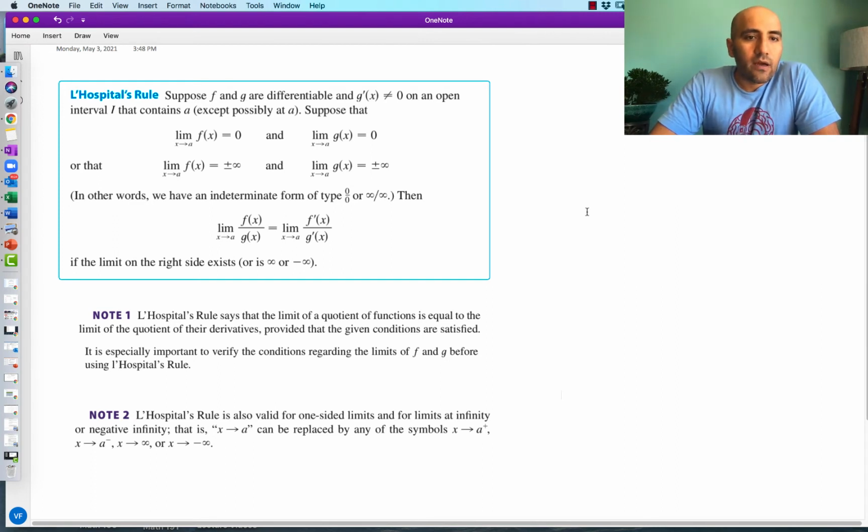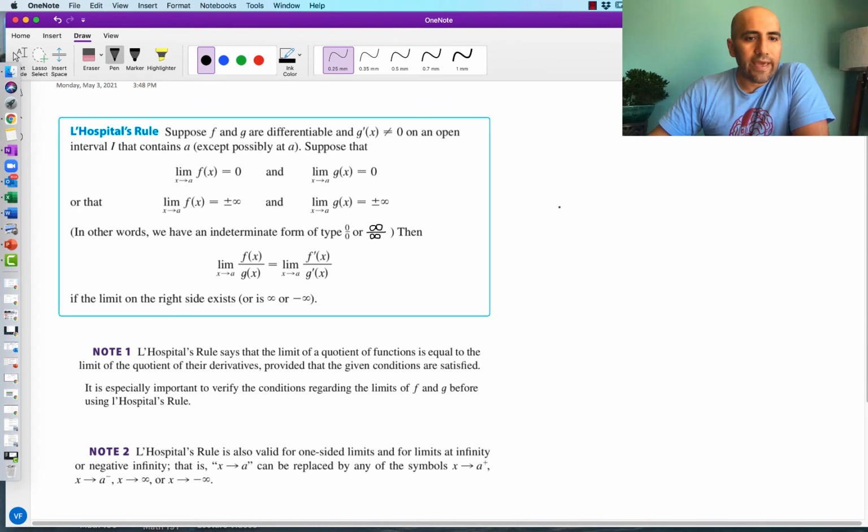So if the limit as x approaches a of f of x equals 0 and the limit as x approaches a of g of x equals 0, or, and these are two separate situations, the limit as x approaches a of f of x equals positive or negative infinity, and the limit as x approaches a of g of x equals positive or negative infinity.